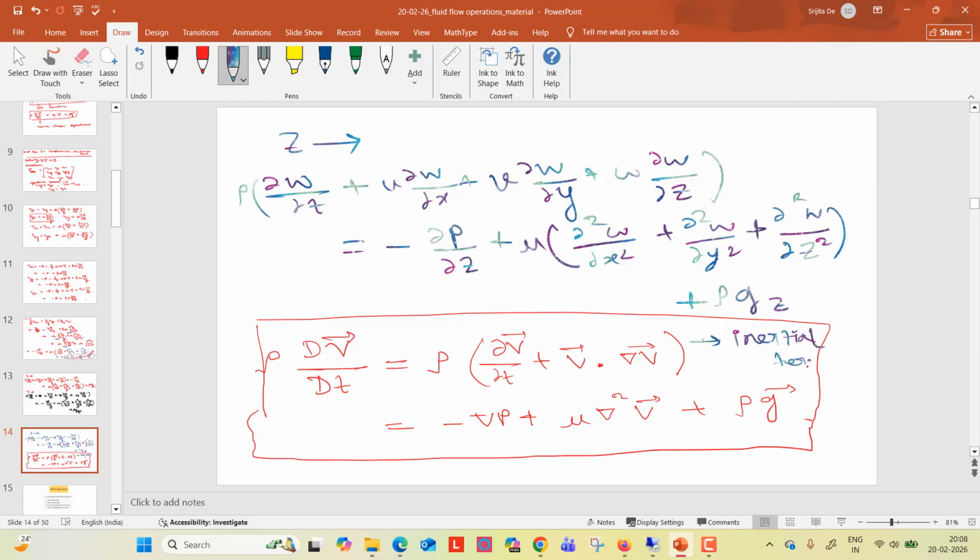This is your viscous term, because viscosity is related. And these two combine as the generation or dissipation term, which includes the body force. So these are the terms of the Navier-Stokes equation.